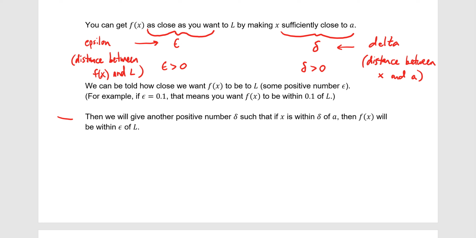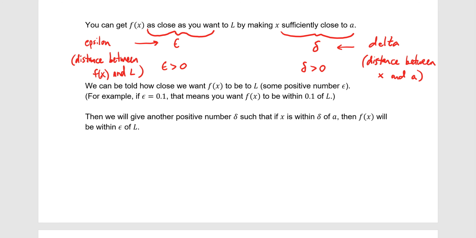Then we have to give another positive number delta, such that if we are within delta units of a, then the function values will be within epsilon units of L.